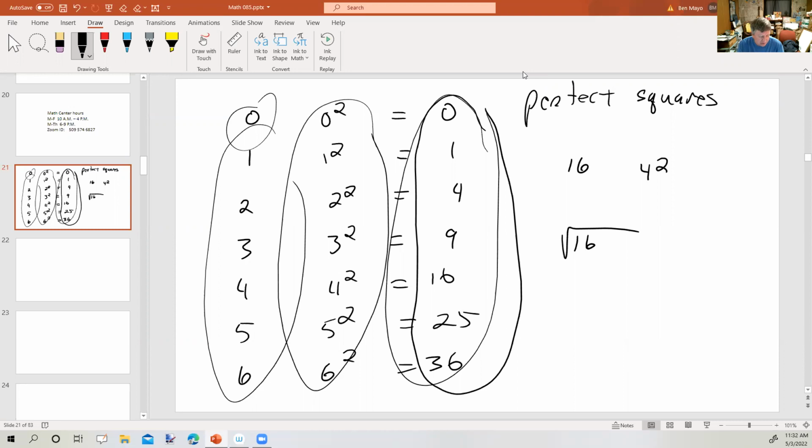What's the root of this square? What number did we take and square to get 16? And that would be 4, because 4 squared is 16. The square root of 16 is 4. Or we could even say this, the square root of 4 squared is 4. The square root undoes the square. Any questions about that example?